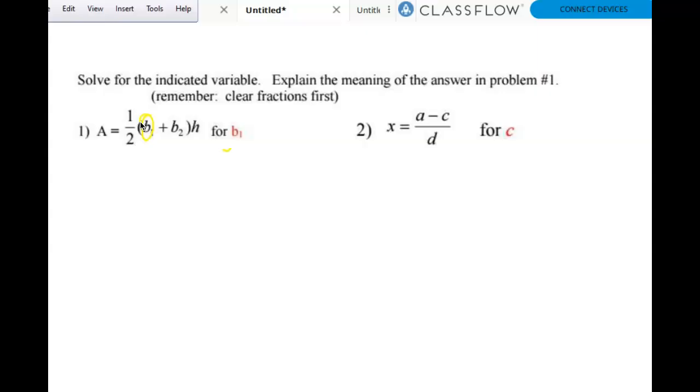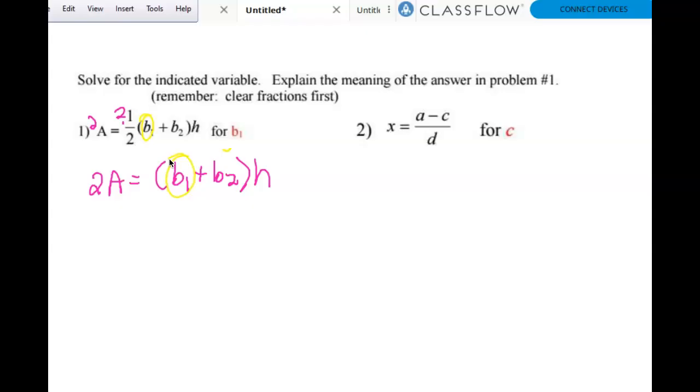So the first thing, I have a 1/2. How do I get rid of the 1/2? Multiply by 2. And so we have to do that on both sides, right? I'm going to multiply this by 2 and this by 2. So now I have 2a equals b1 plus b2 times h. I'm still solving for b1.